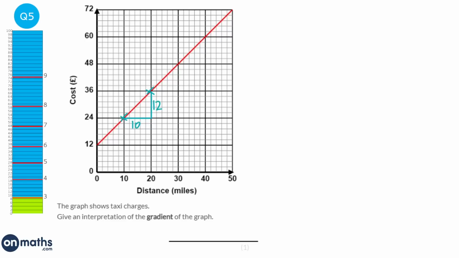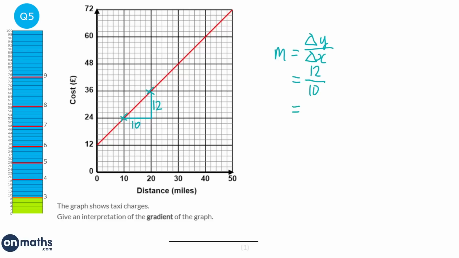And to work out the gradient, which you can call m, or you can just write out the word gradient, it's change in y over change in x. So how much has y changed over how much has x changed? So y is this one here, so it's changed by 12, and x has changed by 10.